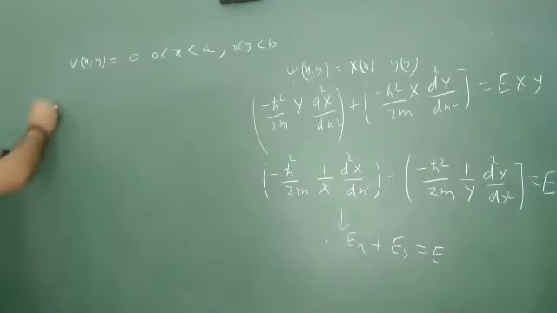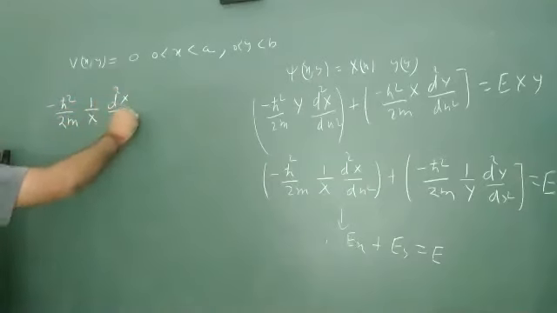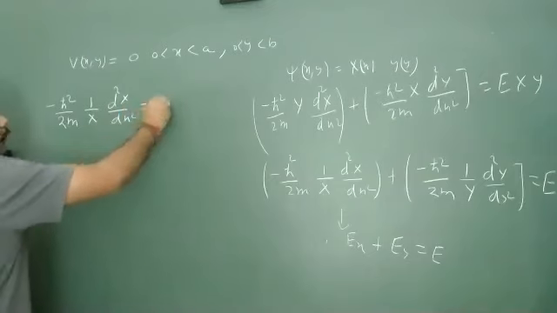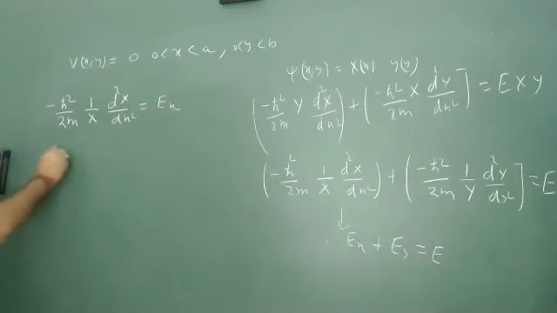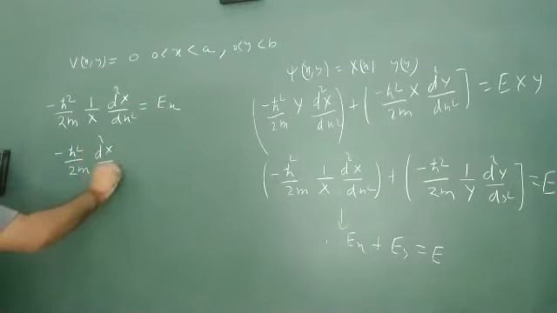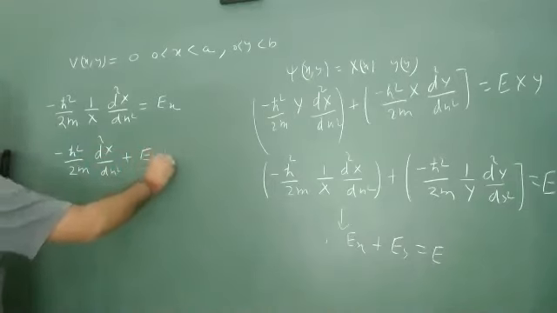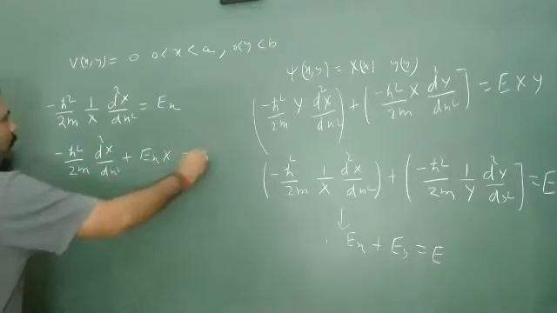So minus h cut squared upon 2m, d squared ψx upon dx squared, is equal to Ex ψx. So you have minus h cut squared upon 2m d squared ψx upon dx squared plus Ex ψx is equal to 0.